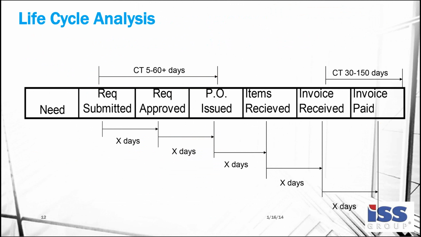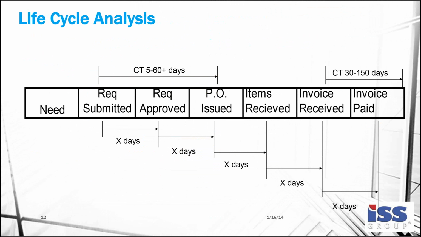You see cycle time, 5 to 60 days, 60-plus days. These are what we've seen. These are not numbers that we've just made up for this presentation. This is an actual document from an analysis we did with a chemical company. 5 to 60 days. What's the problem? How does it get through in 5 days and sits around for 60-plus days?